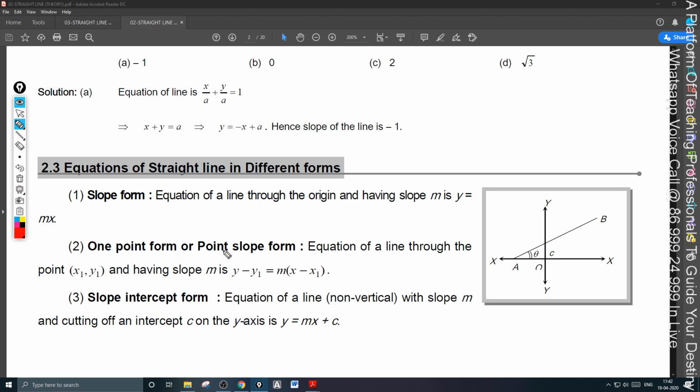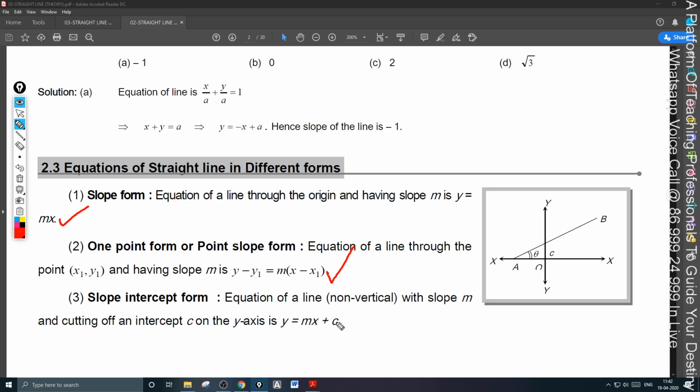Slope point form: y is equal to mx is the line which passes through the origin and has slope m. And the line equation in slope point form is y minus y1 is equal to m into x minus x1.